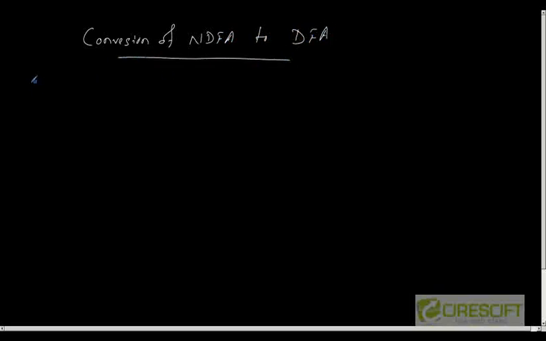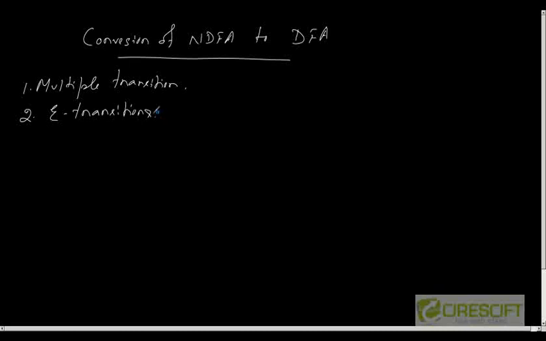As I have already told you, the first is multiple transitions, which means from a given state, when we consume a given input symbol, we can have more than one transition. And second is what we call empty transitions. So while converting an NDFA to a DFA, I have to take care of these two things.